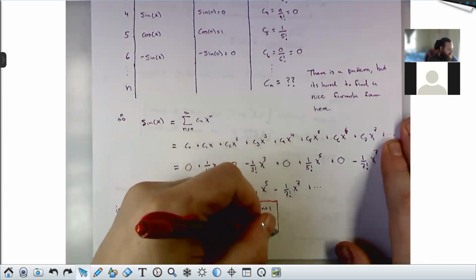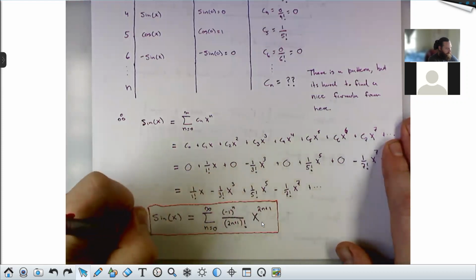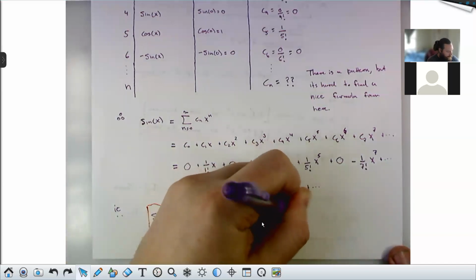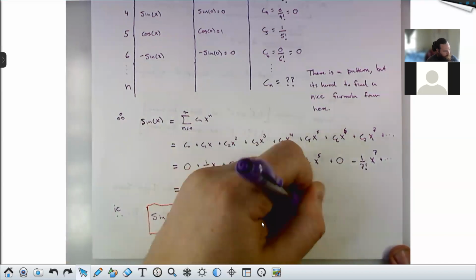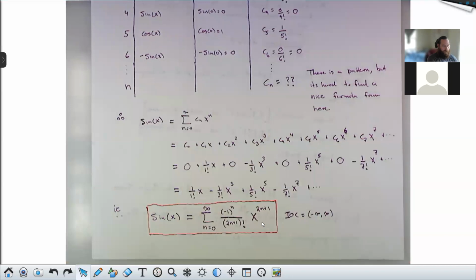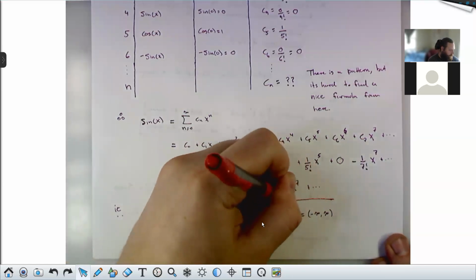And as you might guess, this is one of those super important power series that you need to remember forever and ever. The IOC here, I will do the calculation for you, is negative infinity to infinity. I just want to write it here so it's in your notes together.